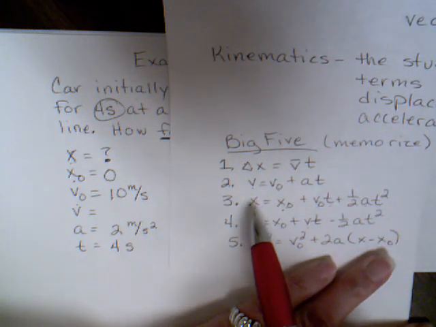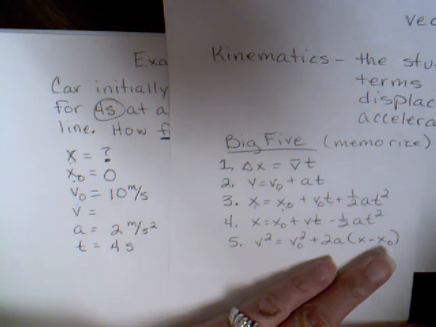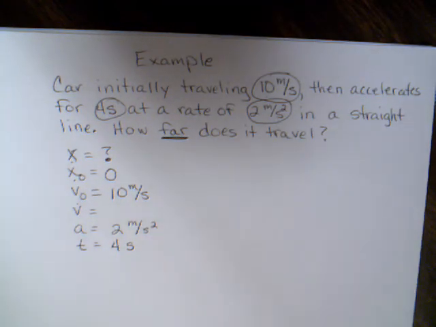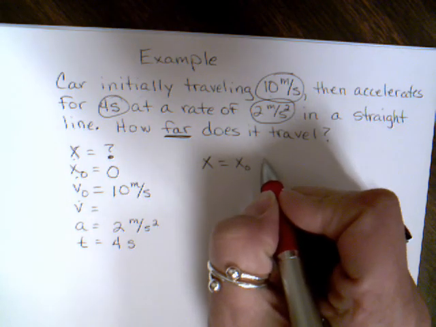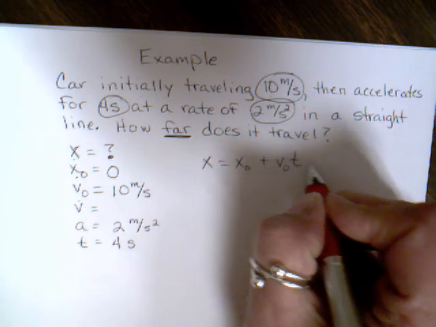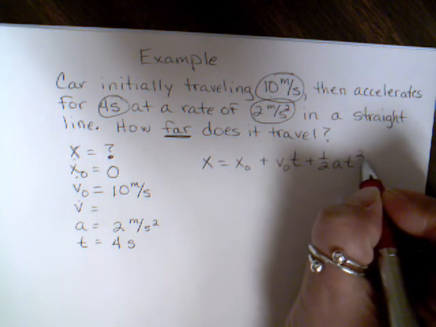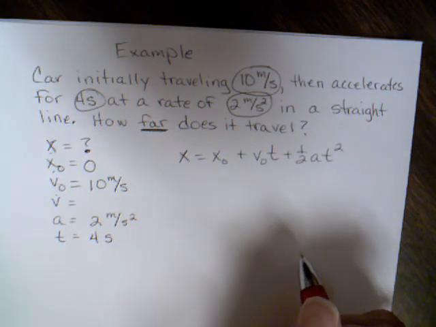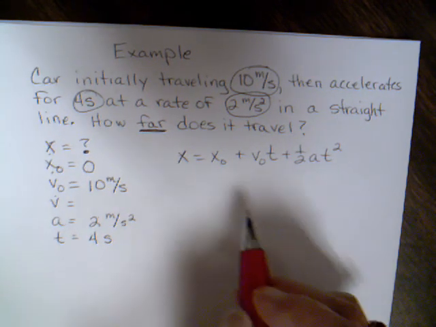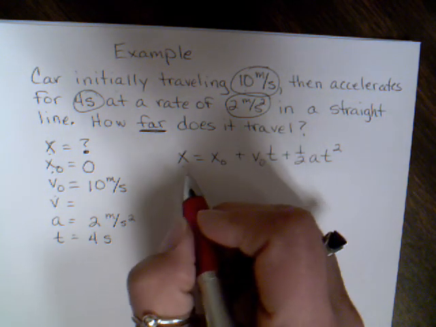So this formula looks like it'll work right off the bat. So x equals x naught plus v naught t plus 1/2 at squared. It's already set up for x, so I don't have to manipulate it.